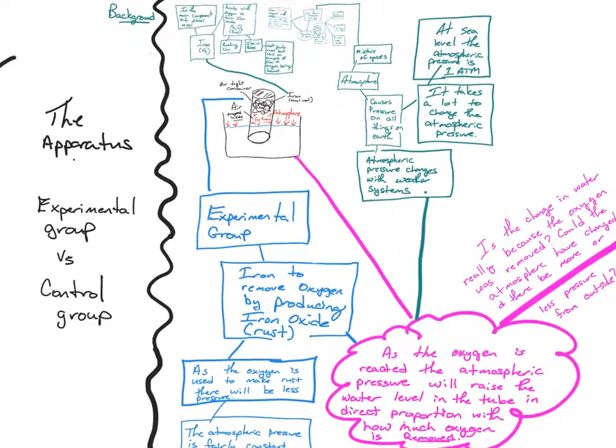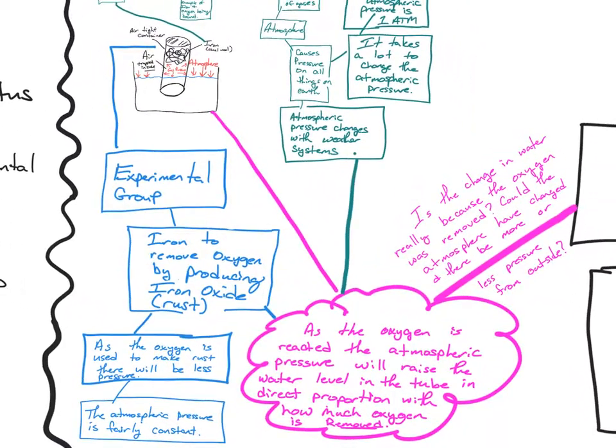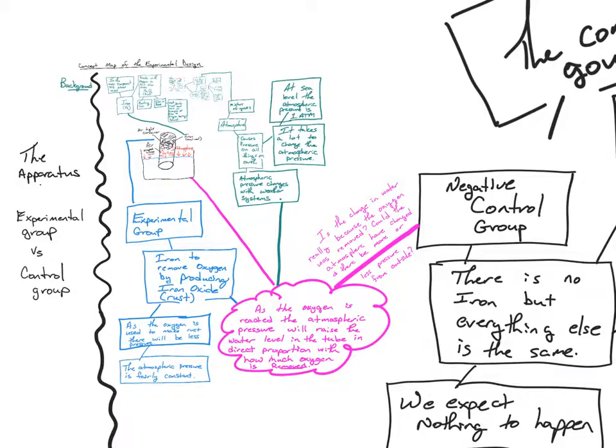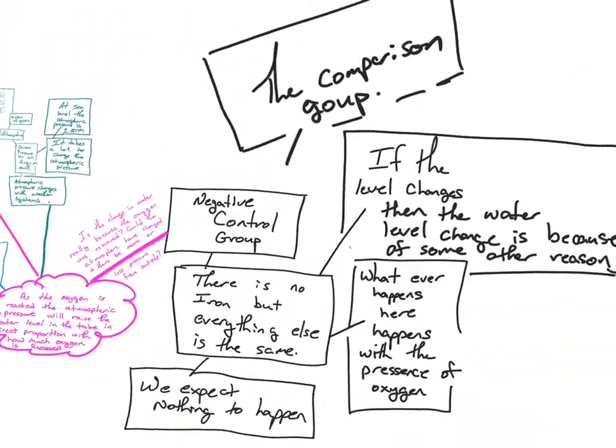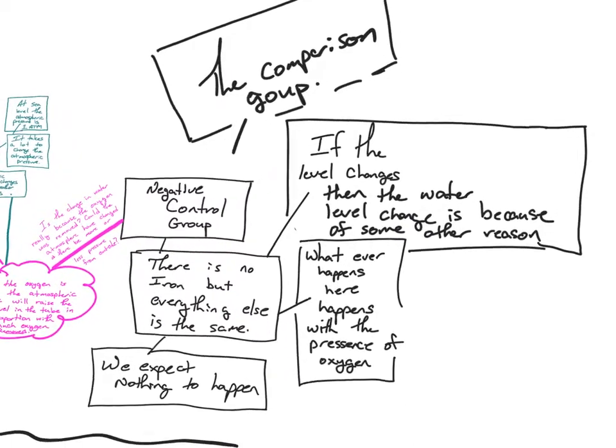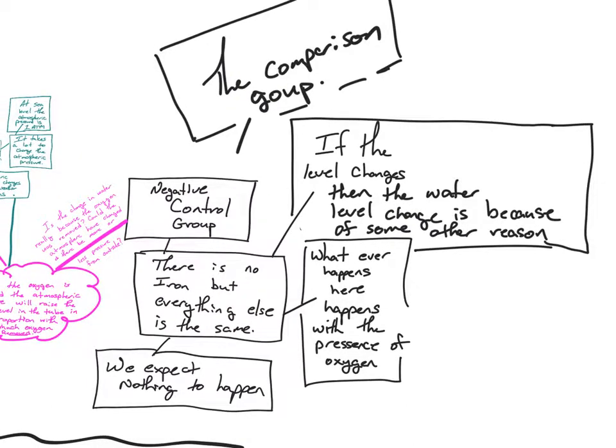So then we had 2 groups. We had the experimental group, and then we had the negative control group. Let's take a look at the negative control group first. It's the comparison group. There is no iron in this particular group, right? There's no iron in the negative control, but everything else is the same. We expect nothing to happen.